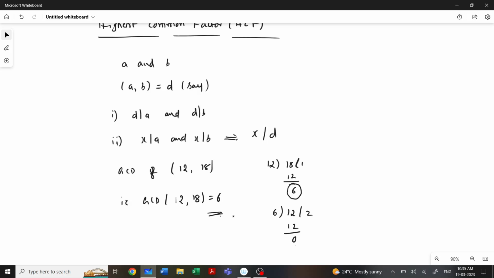We have a different method, and on the basis of this we have an algorithm called the Euclidean algorithm. Two numbers are relatively prime if the GCD of A and B is equal to 1.